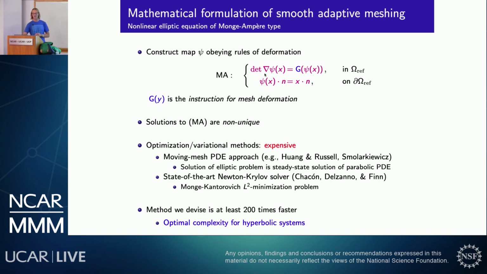A second approach is to directly solve this equation by some sort of iteration scheme, and this goes under the name of Monge-Ampère optimization. This is where you can use a Newton-Krylov solver, and to my knowledge, that was the state of the art in this business. And the method I'm going to show you doesn't use either of these things and is at least 200 times faster than this Newton-Krylov method, which is a little bit faster than the moving mesh PDE approach, which is essentially a parabolic heat equation solve.